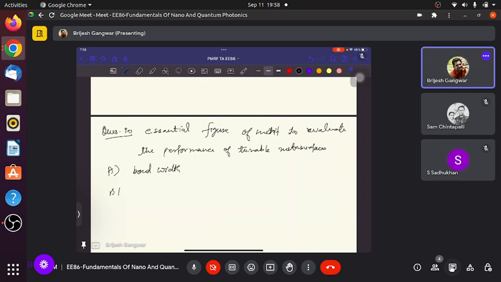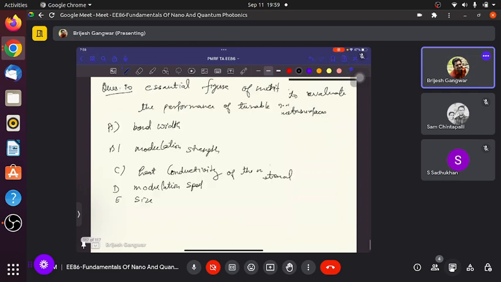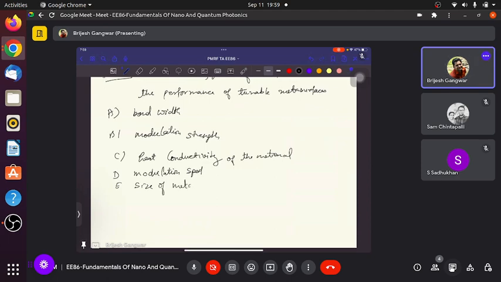A is bandwidth, B is modulation strength, C is heat conductivity of the material, D is modulation speed, and E is size of metasurface.